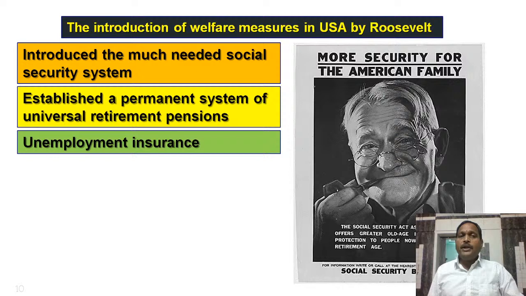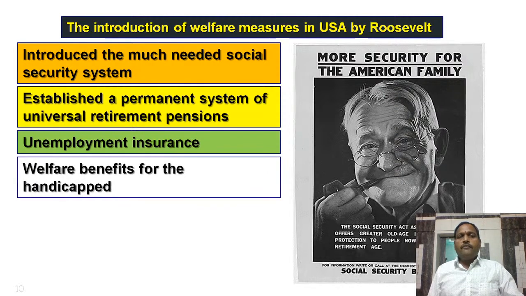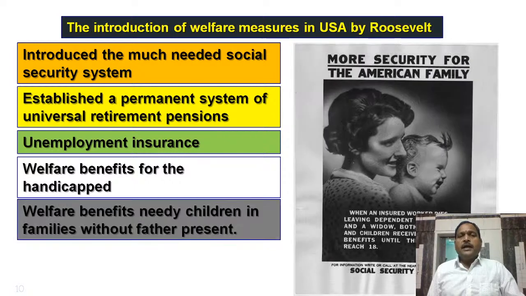Next one, unemployment insurance was also introduced. Welfare benefits for the handicapped, those who are disabled, they also get welfare measures and benefits. Next, here in the photograph you can see a child with a mother who lost her husband.